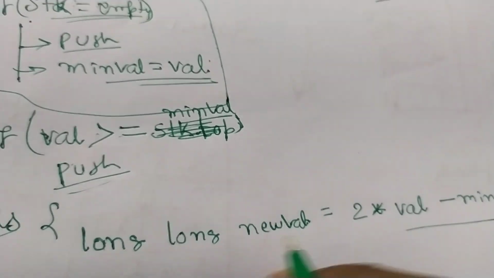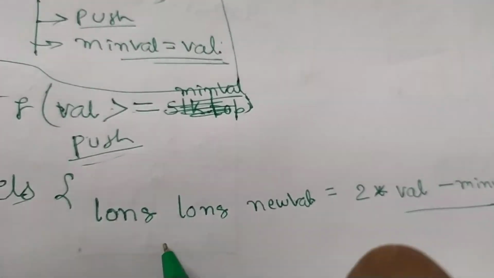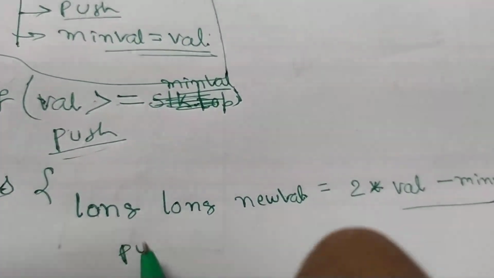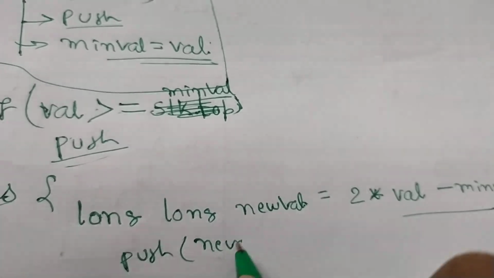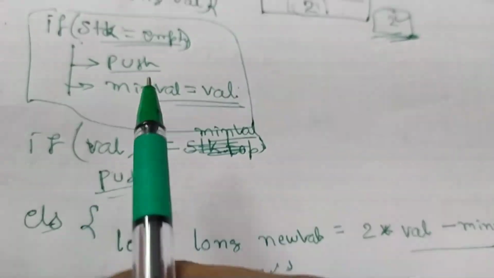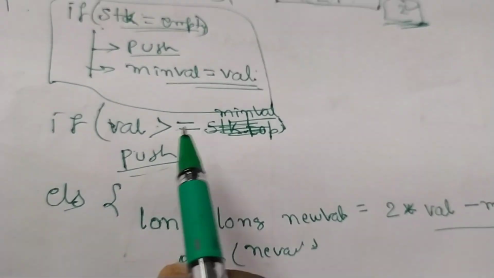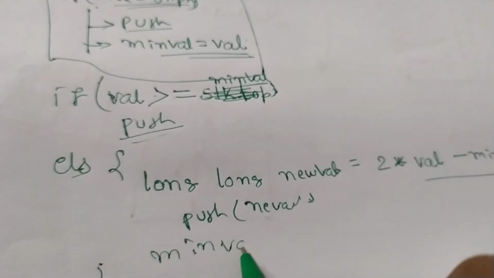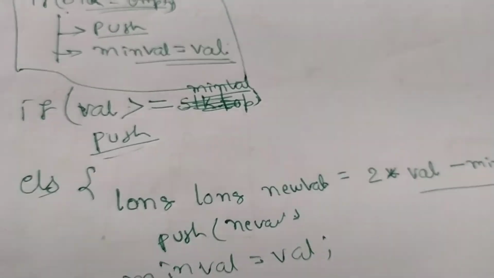This is a very useful expression, and instead of inserting val, we will push our new val. And as the val is found to be less than minimum val, we will update our min val to val. This way we can push it.